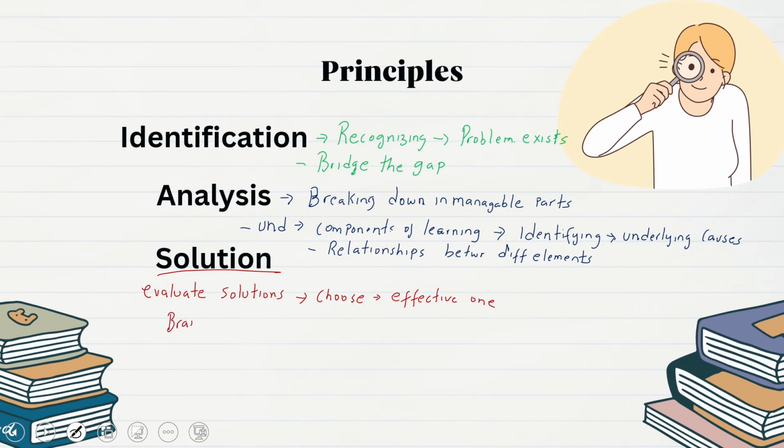So you'll have to think of various strategies, and you'll also have to look at the outcomes. What are the potential outcomes of these solutions or these strategies? And then you'll also have to test the solutions in order to select the one that best suits you or works best for you.